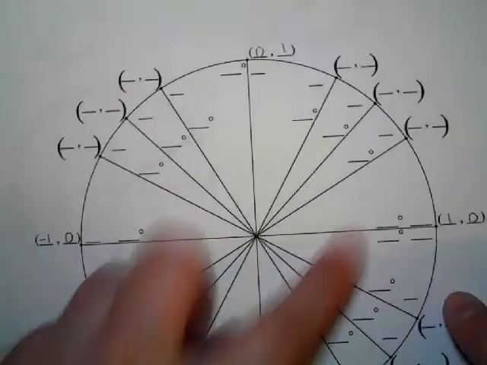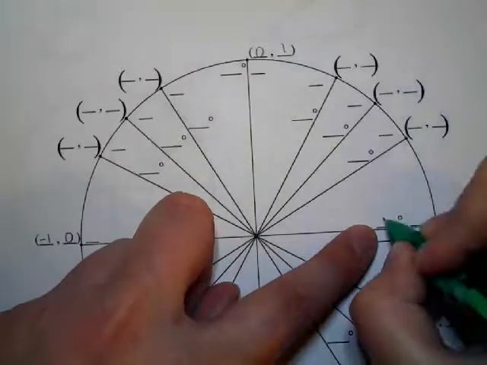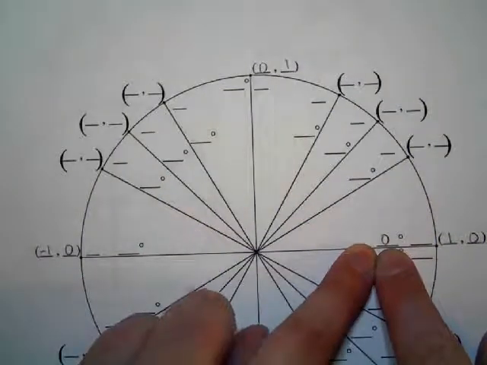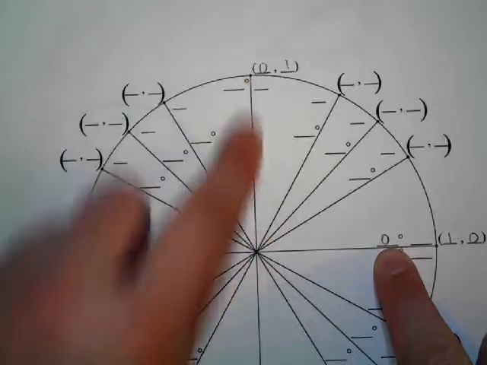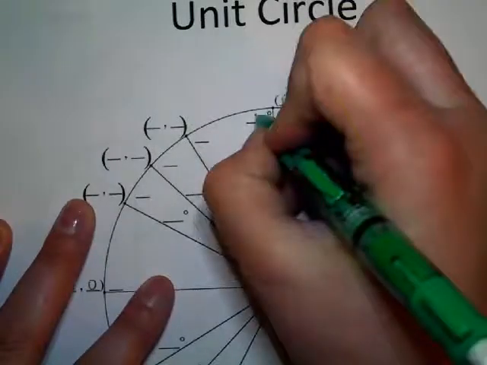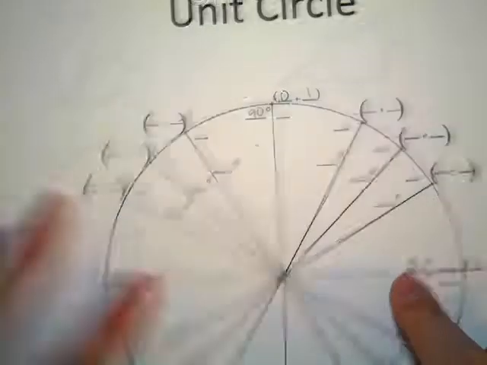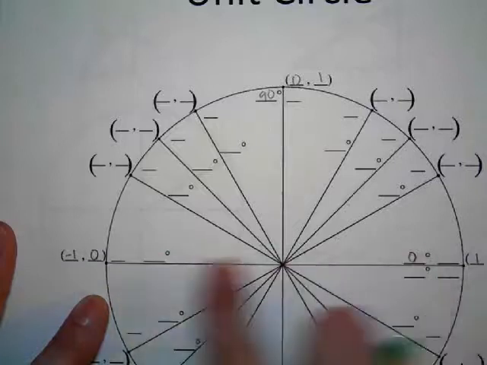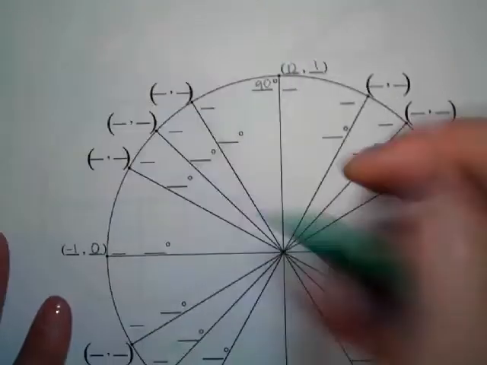Okay. Right over here, this is going to start at 0 degrees. And then what type of angle is this right here? This is a 90-degree angle. Okay. What does a straight line make? A 180-degree angle.